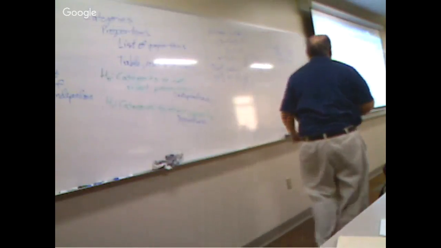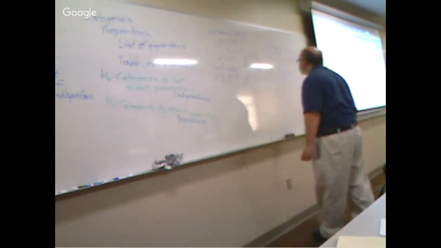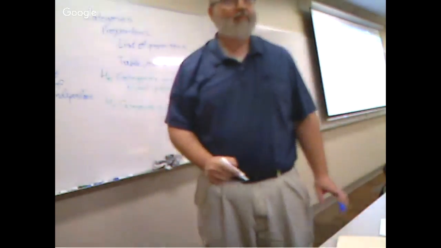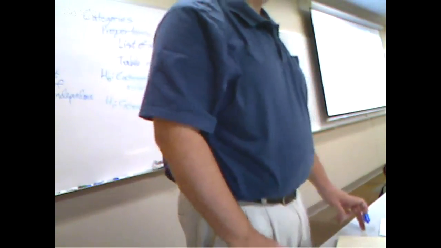So I'm going to take 300 times 200 divided by 800. What do I get? 75.